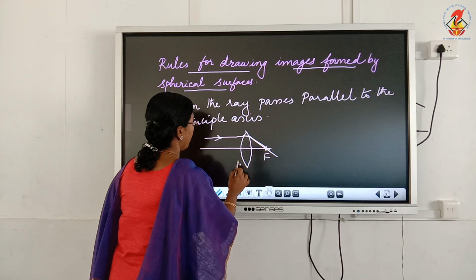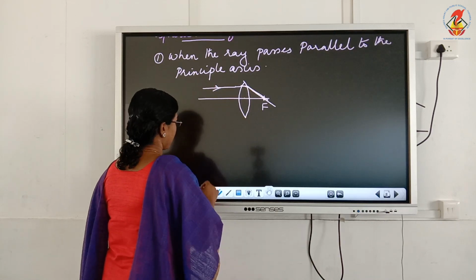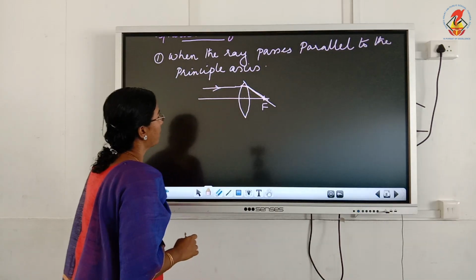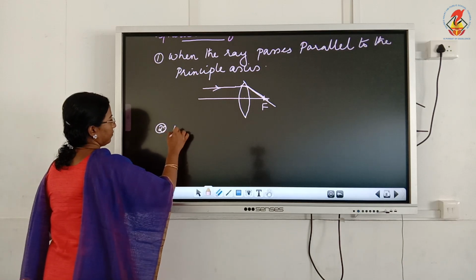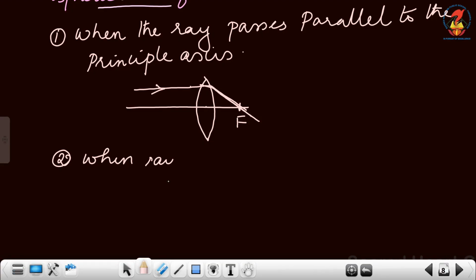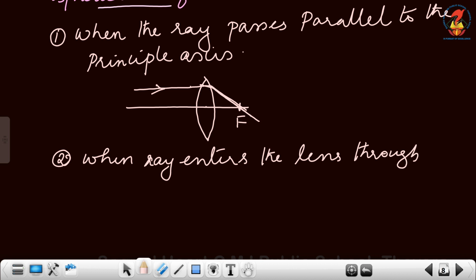Now the second one, a ray which is passing to the lens through the principal focus.